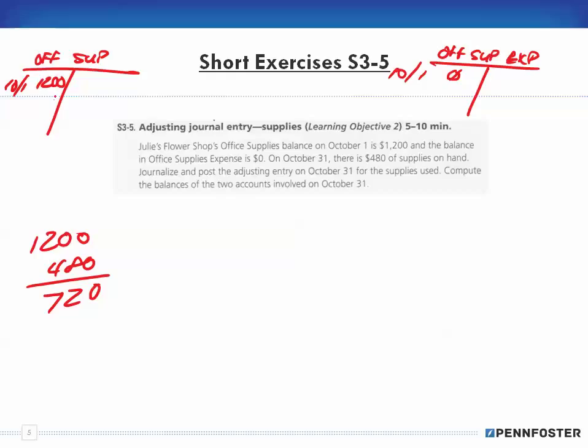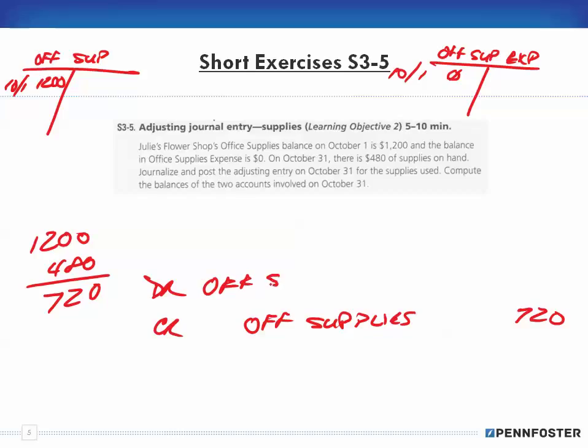Well, if I know that I have a debit of 1,200, and I'm reducing it, that means I'm going to credit office supplies for the 720, and because I have a credit, I have to debit something else, and I know I'm debiting office supplies expense for 720. So that's going to be my journal entry.